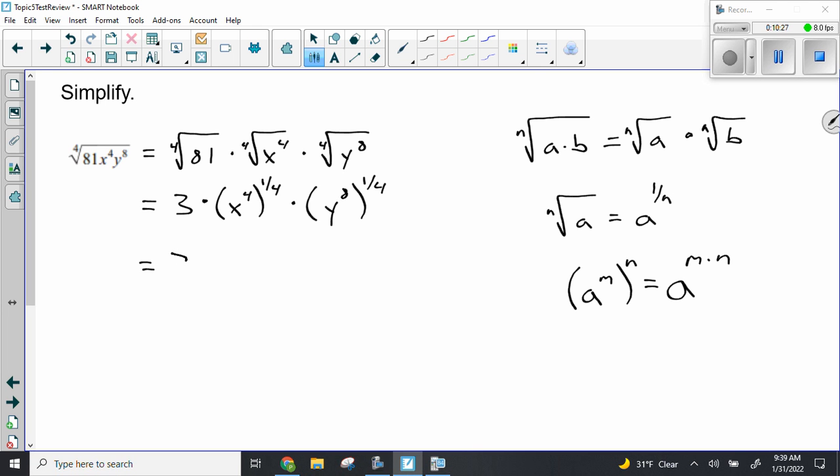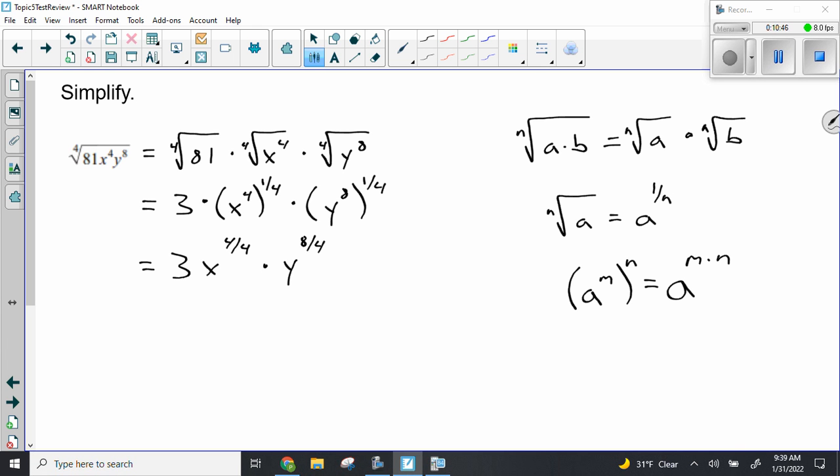So that 3 is just going to stick around there. And this becomes x to the 4/4, right, when I multiply. And this one becomes y to the 8/4 when I multiply those two exponents.